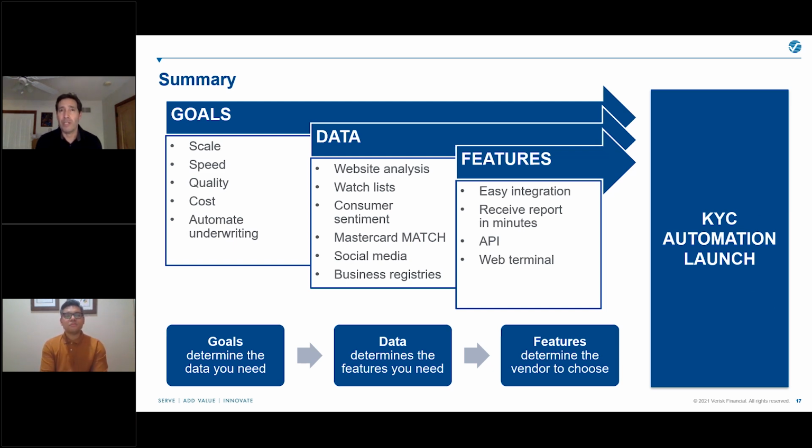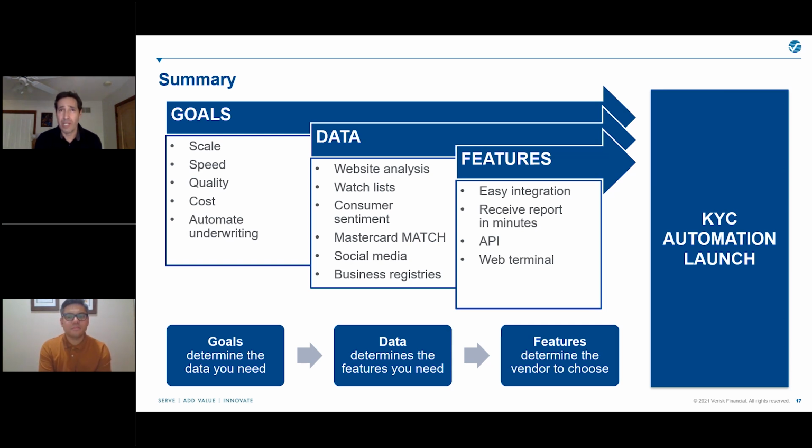So, if you're doing a lot of e-commerce, then website crawling and scraping and analysis of a merchant's website and how they're selling things online is going to be very important to you. If you're doing mostly brick and mortar or micro merchants without websites, the website crawling is important still, but maybe less important to you.